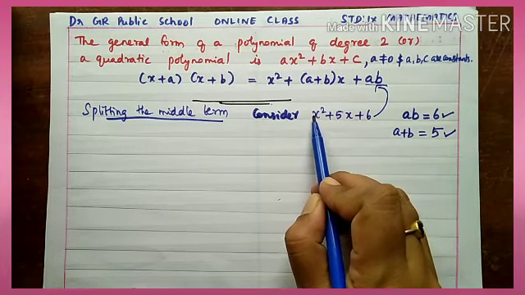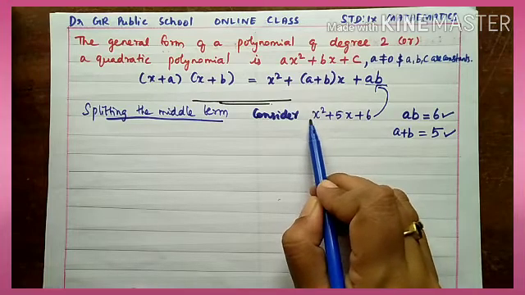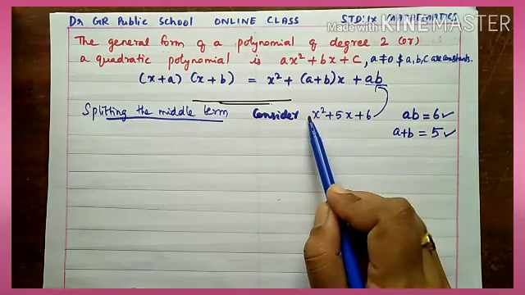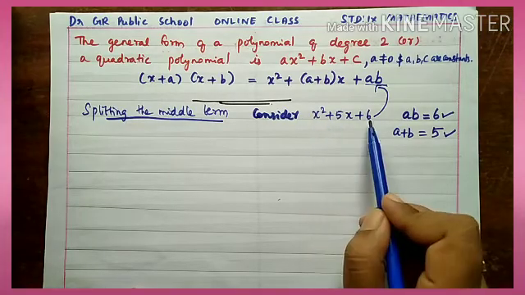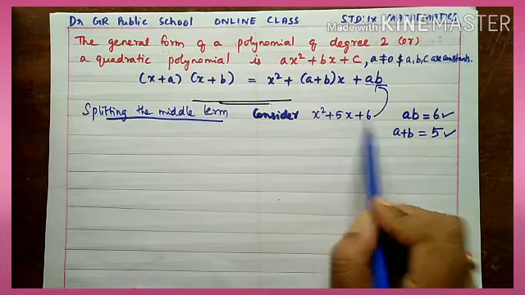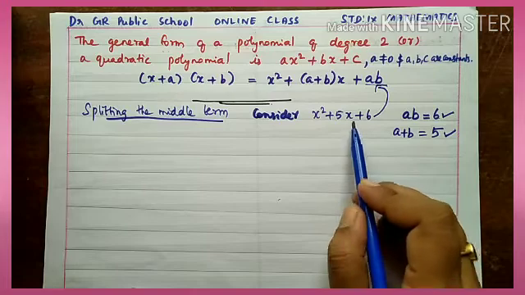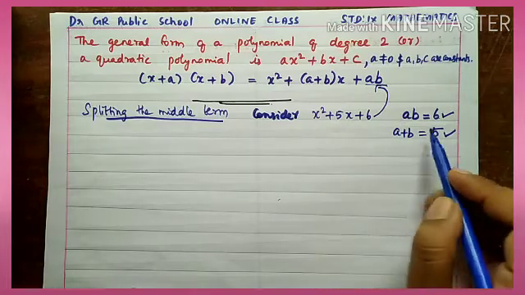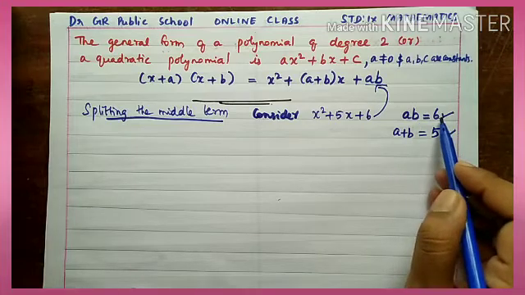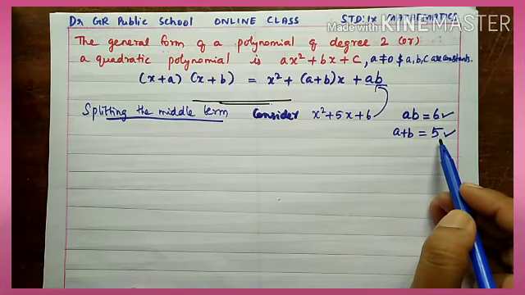That is the value of a, the x square coefficient is a. So when a is equal to 1, we are taking this 6 as the product of two numbers and this 5 as the sum of two numbers. Now what is our aim? What is our next step? We need to find two numbers whose product is 6 and whose sum is 5.